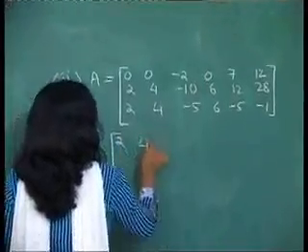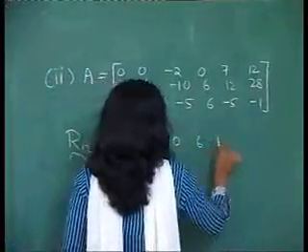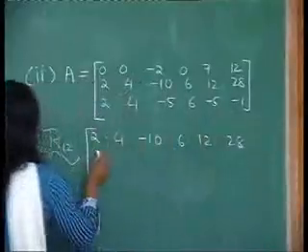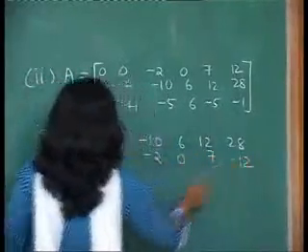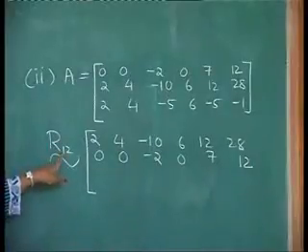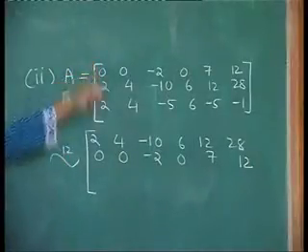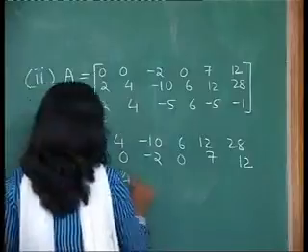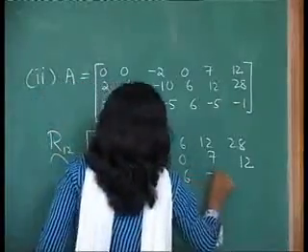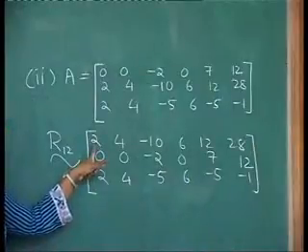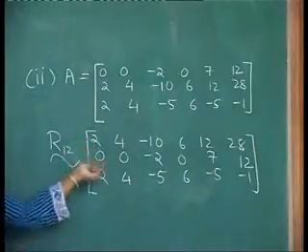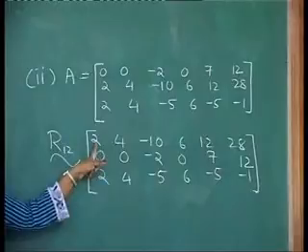So that will give me 2, 4, minus 10, 6, 12, 28 in the first row. 0, 0, minus 2, 0, 7, 12 in the second row. I am interchanging the first row with the second row. Third row remains as it is. At least now I have a non-zero element in this position. So it should be possible to get a 1 in this position.